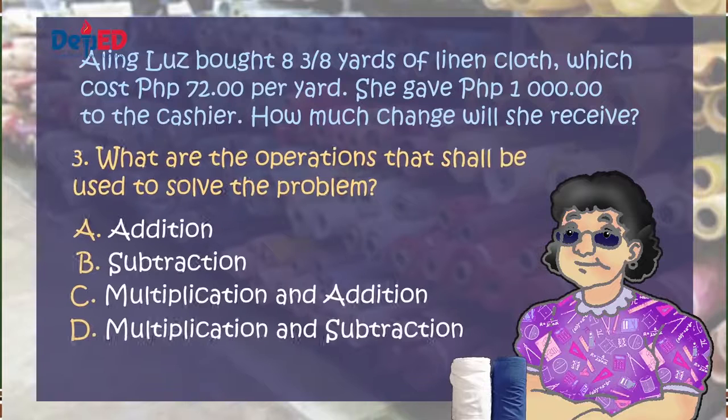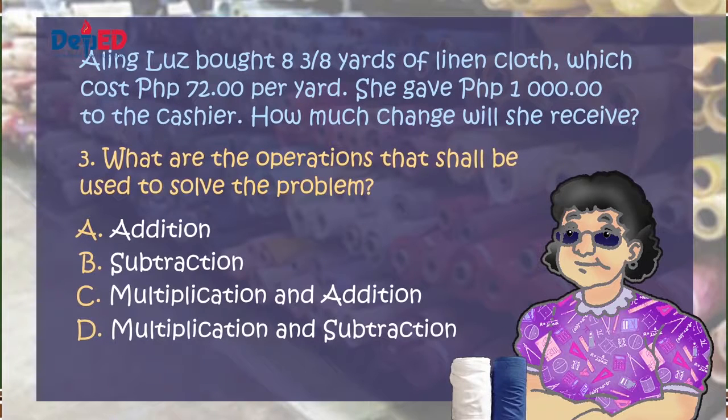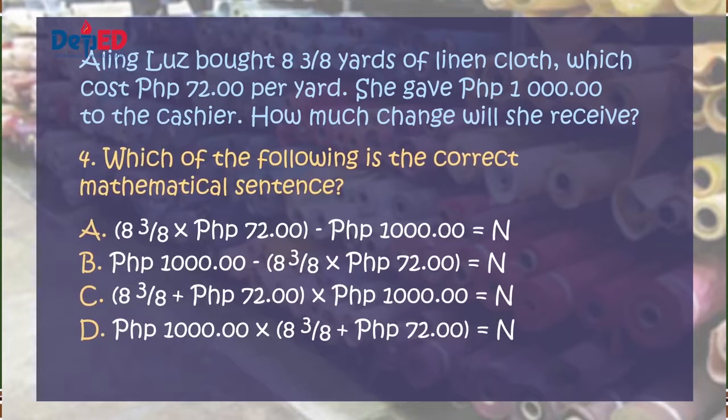Number 3. What are the operations we shall use to solve the problem? A. Addition. B. Subtraction. C. Multiplication and addition. Or letter D. Multiplication and subtraction. Number 4. Which of the following is the correct mathematical sentence?